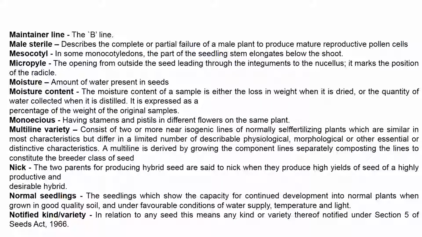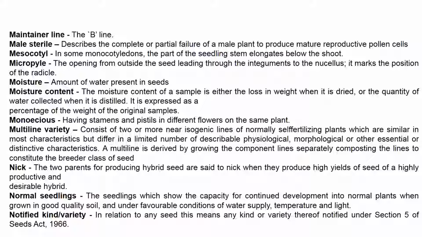Male sterile describes the complete or partial failure of a male plant to produce mature reproductive pollen cells. Mesocotyl. In some monocotyledons, the part of the seedling stem that elongates below the shoot. Micropyle. Opening from outside the seed leading through the integuments to the nucellus, it marks the position of the radicle.